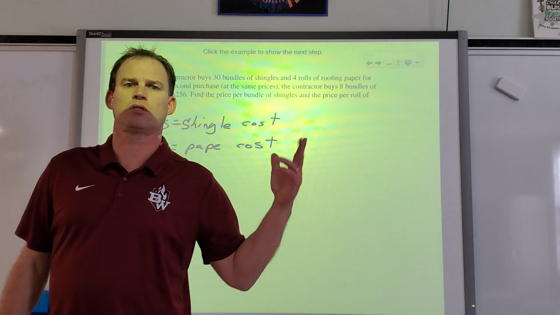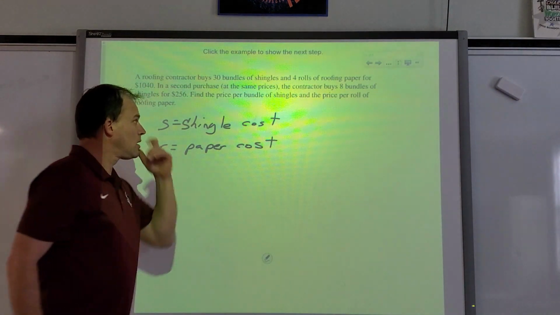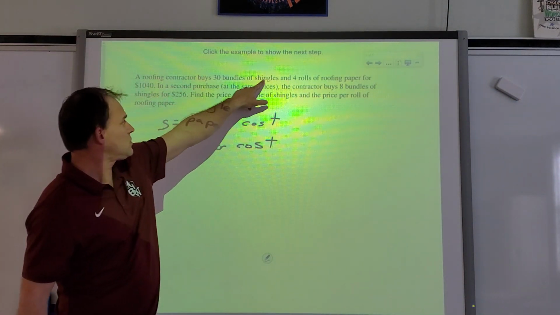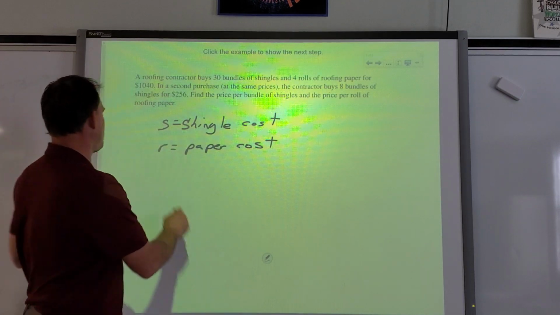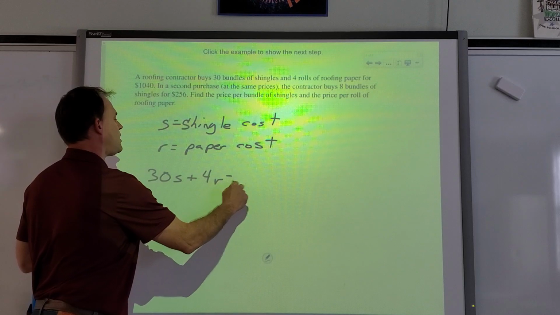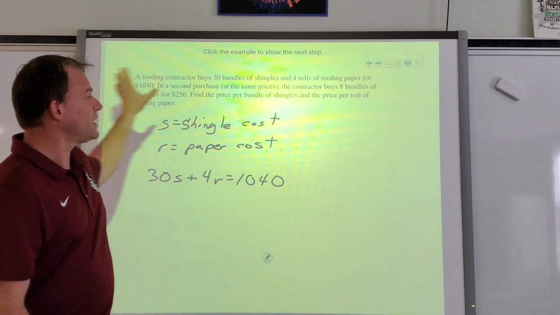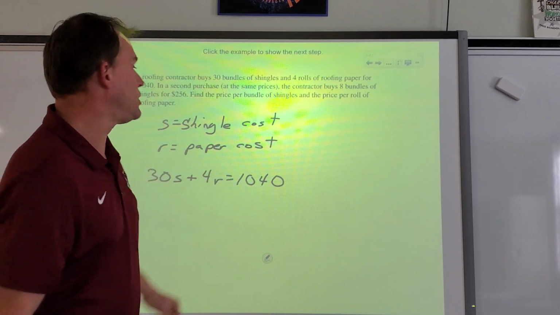S for my shingle cost, R for my paper cost. So I've got 30 shingles, 4 rolls of paper is 1040. Okay, read the sentence, write the equation.